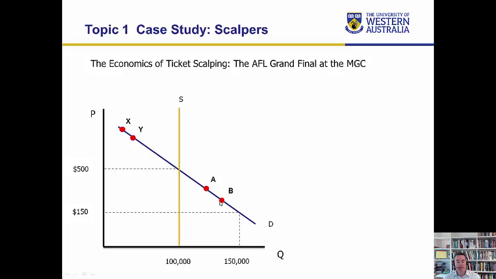So through the action of scalpers, we get this redistribution of tickets to people who are willing to pay the most. Now, to some extent, that is an improvement in the allocation of the tickets. So to some extent, the scalpers are actually improving the allocation of the tickets.